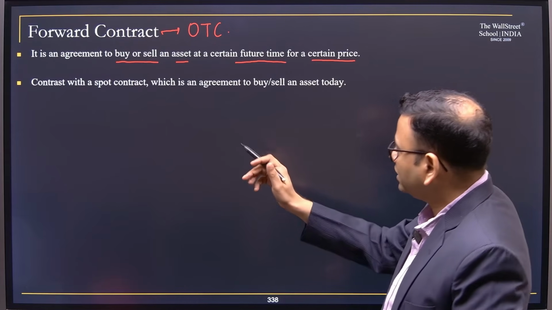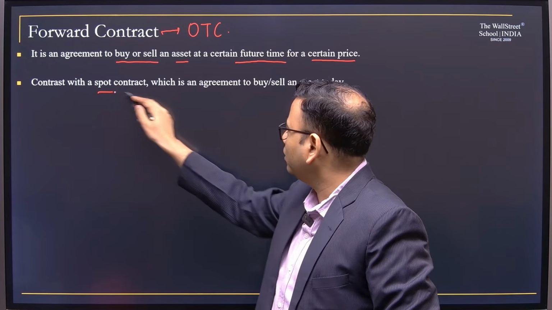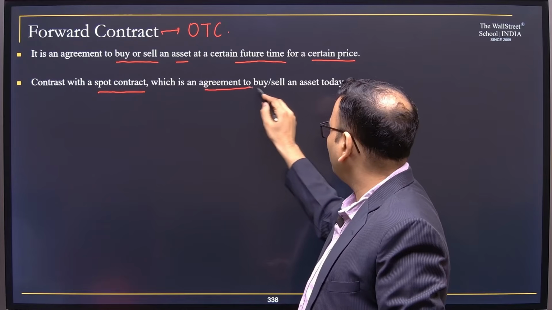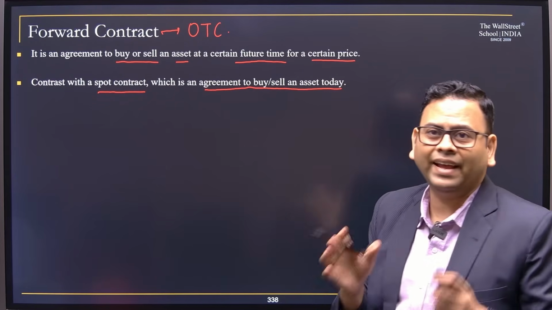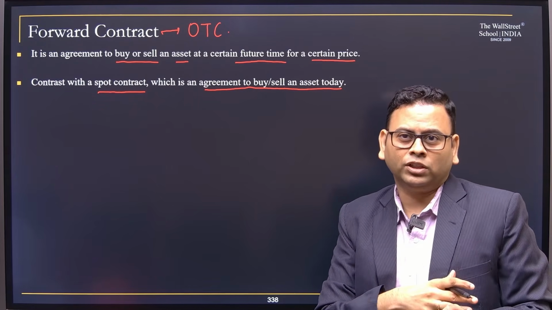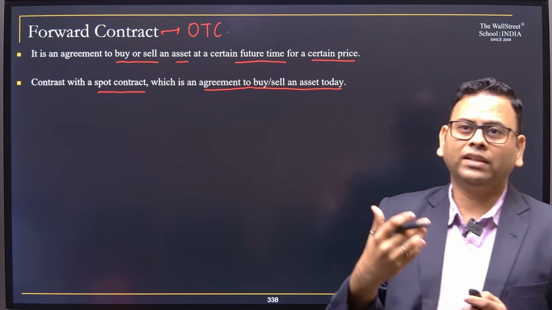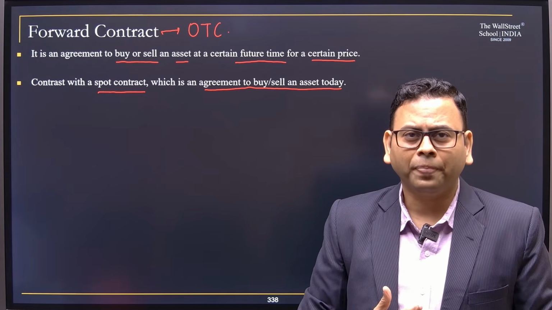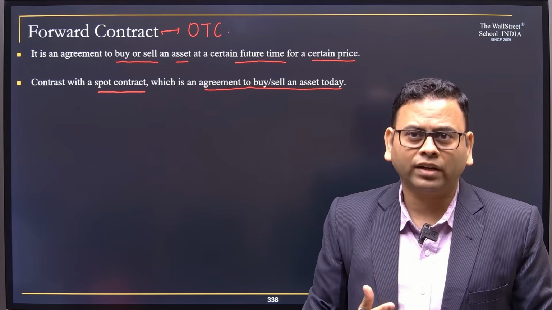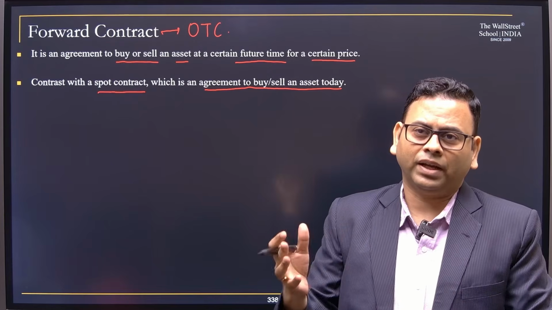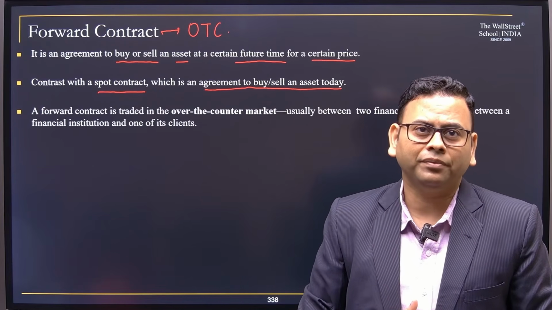So, contrasting this with a spot contract, which is an agreement to buy or sell as of today. So, in a spot market, you are buying the goods for immediate delivery, whereas in case of forward contract, you are trying to fix the price as of future date.